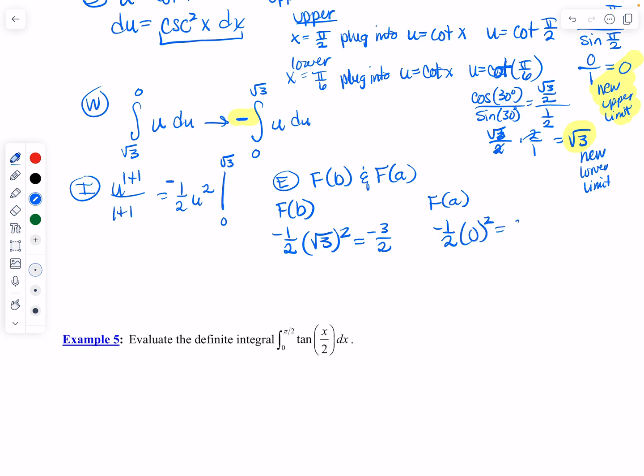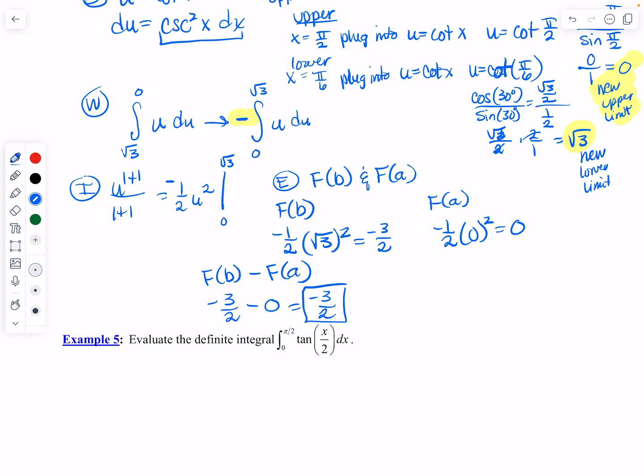So this becomes 0. So f at b minus f at a, when we do this, I get negative 3 over 2 minus 0, so it's negative 3 over 2.